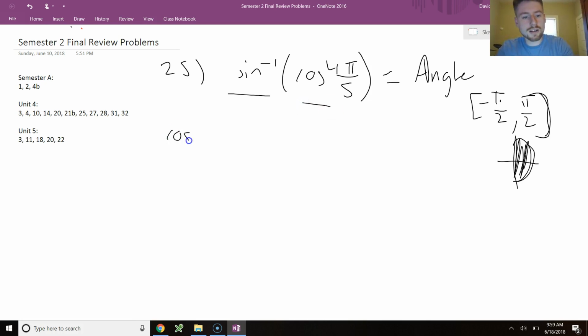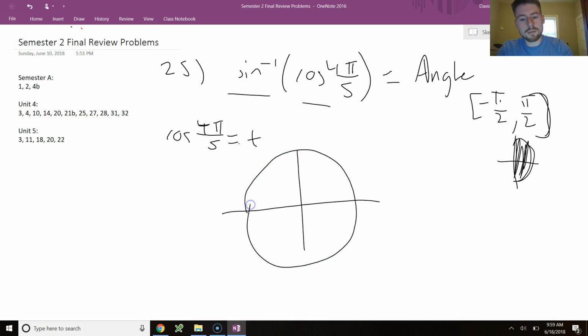Let's say cosine of 4 pi over 5 is equal to some value t. So we sketch a 4 pi over 5 angle, and then we know where t is. 4/5 of pi, this would be 5/5, so I could cut up the top into fifths, and we would get something like over here.